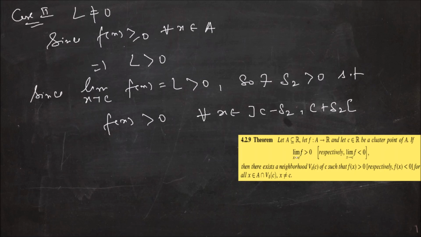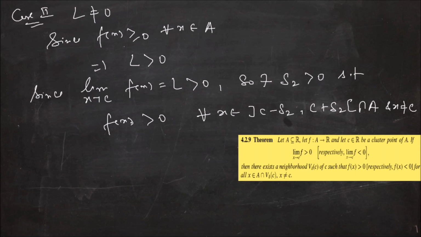You can see if limit x tends to c, f is greater than 0, then there exists a neighborhood V delta c of c such that f x is greater than 0 for all x in A intersection V delta c and x should not be equal to c. So we have to add this: make it intersection A and x not equal to c.